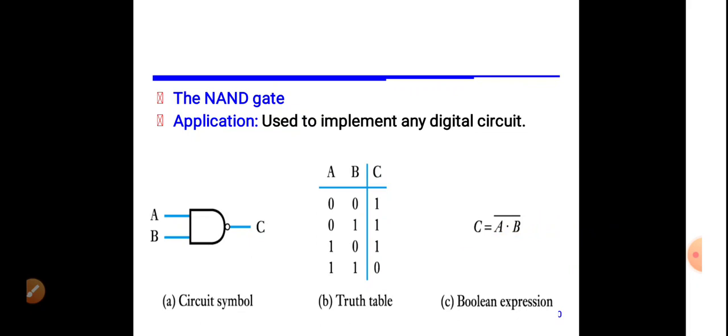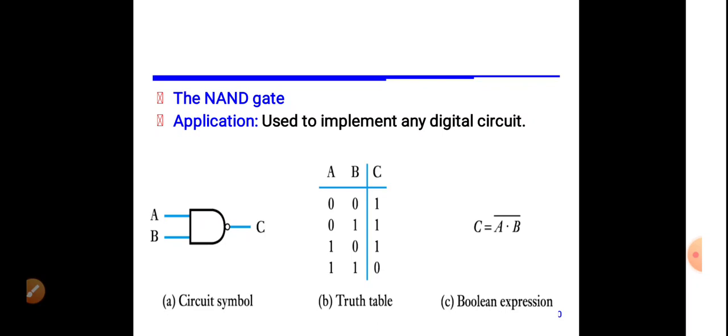Coming to the next type of gate, which is called a NAND gate. The name itself indicates NOT followed by an AND, that is, an AND gate followed by a NOT gate. In the logic symbol, the AND gate symbol is a D-like structure, and the NOT gate is a triangle followed by a bubble.